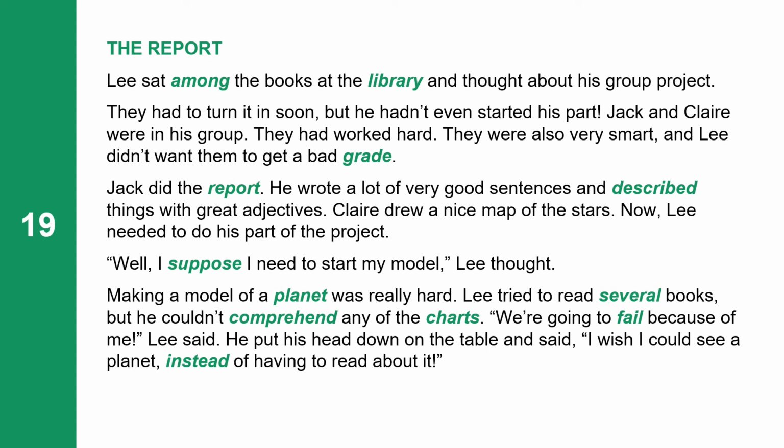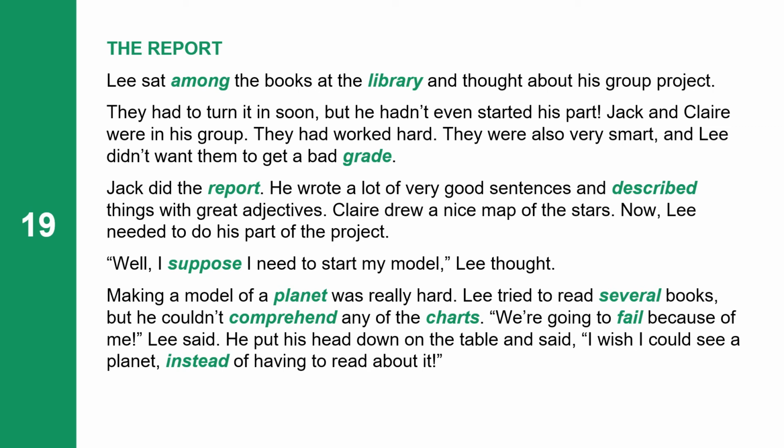"Well, I suppose I need to start my model," Lee thought. Making a model of a planet was really hard. Lee tried to read several books, but he couldn't comprehend any of the charts. "We are going to fail because of me," Lee said.